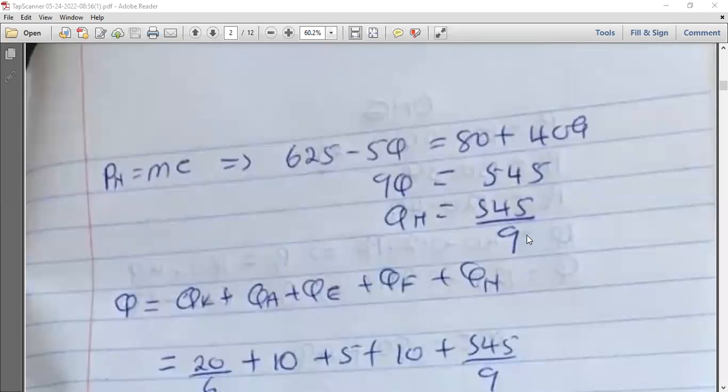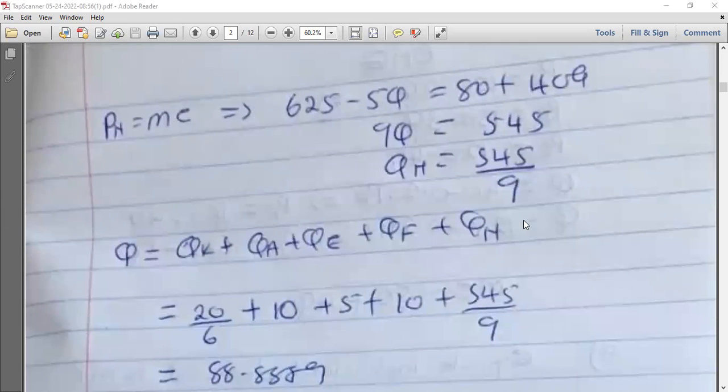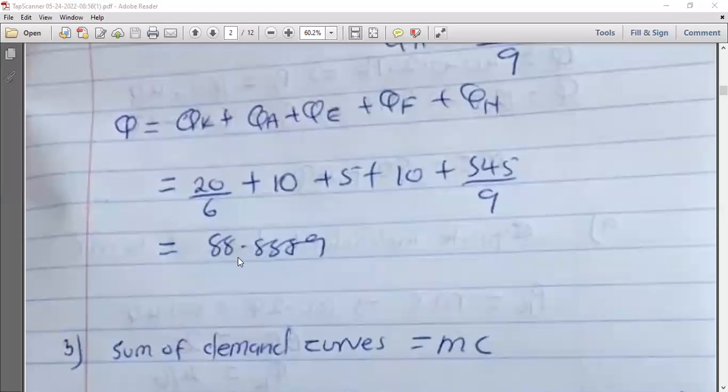We have 545 over 9. Please, you verify the values, okay? So if you want to find the quantity that will be provided under private conditions, then you add all the quantities, and hopefully this is the value that we'll get. Okay, so this is the quantity that will be provided under private conditions.